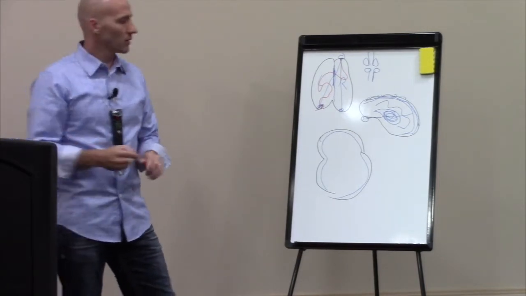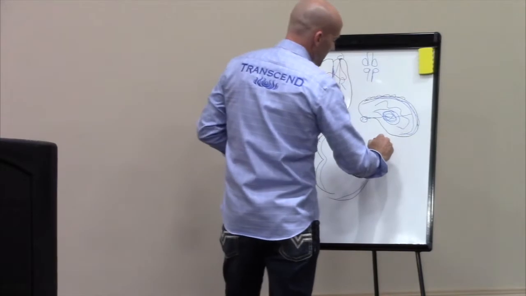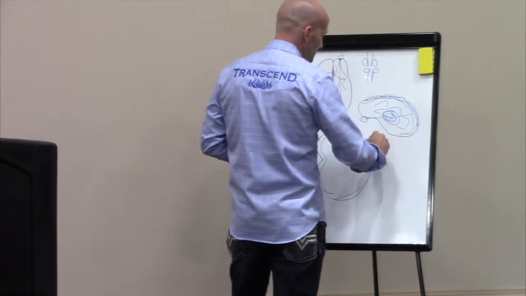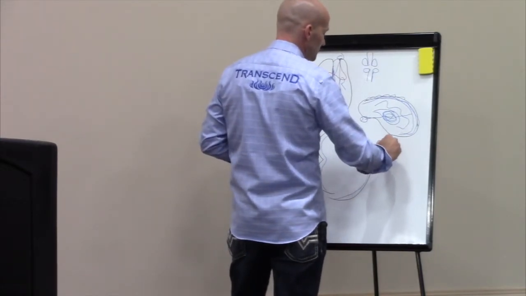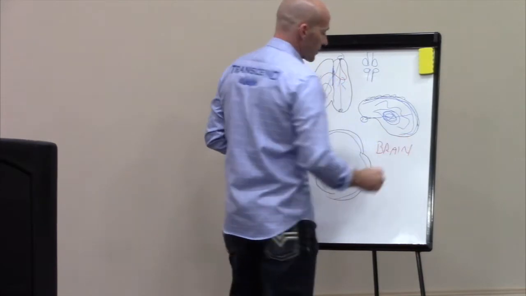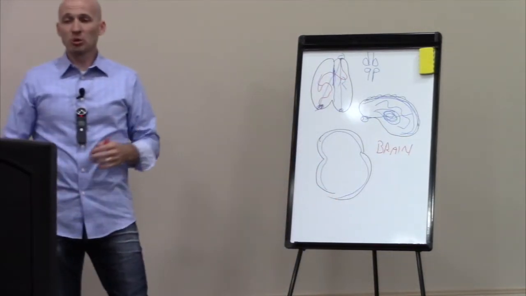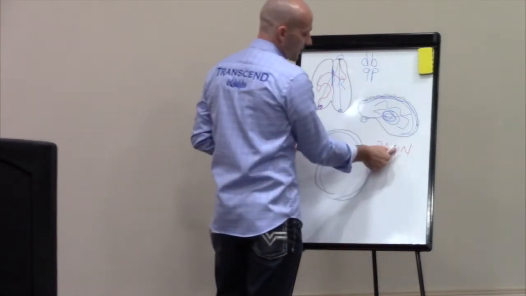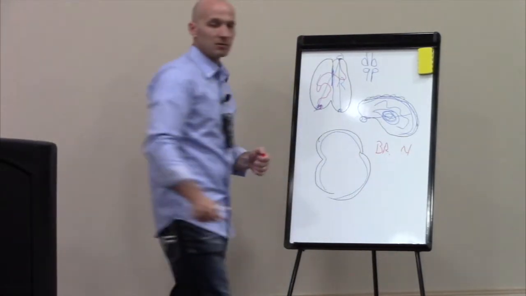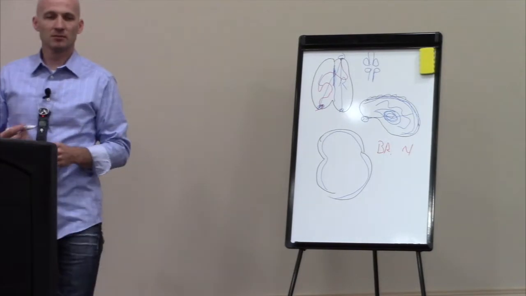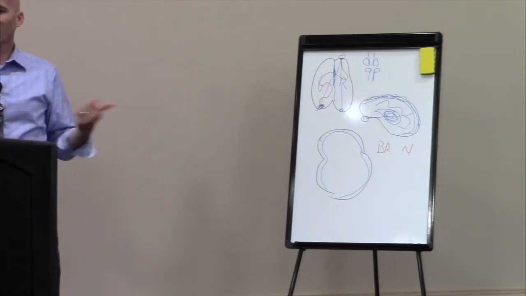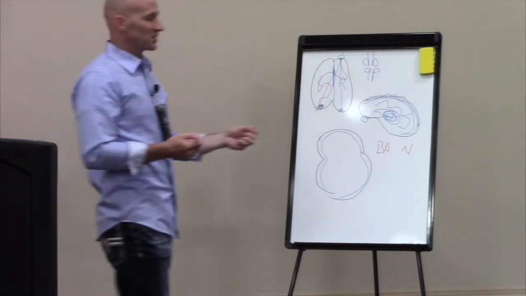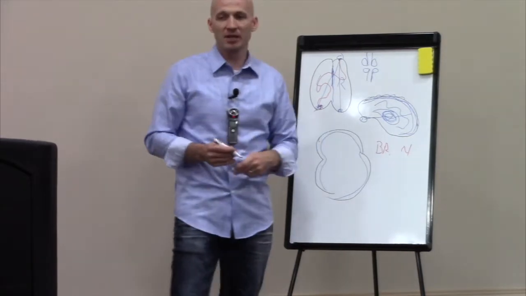So if I'm looking at a word, we'll use brain, and I'm looking at the word brain and my brain can't process the focal point, what do I see? Because I can't process the focal point, the only thing I process is what's in my peripheral vision, B, R, N maybe.